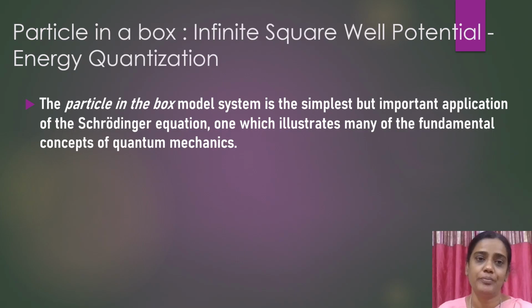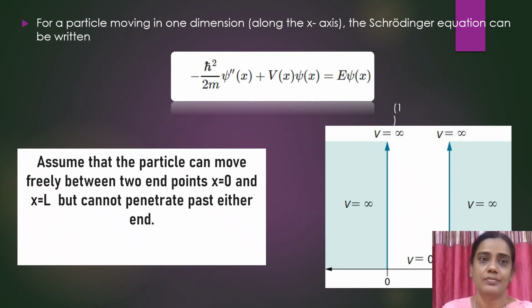As I told you already, the particle inside the box problem is one of the simplest but very important applications of Schrödinger equation that illustrates many of the concepts in quantum mechanics. For a particle moving in one dimension, say along the x-axis, the Schrödinger equation can be written as minus h cross squared by 2m psi double dash of x plus V of x psi of x equal to E psi of x.